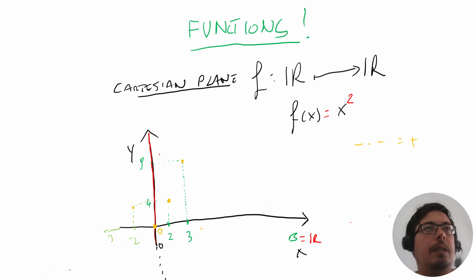You can make it more populated, if you like, with many more numbers. But in the end, what you want to do is draw a line that goes through all the points.